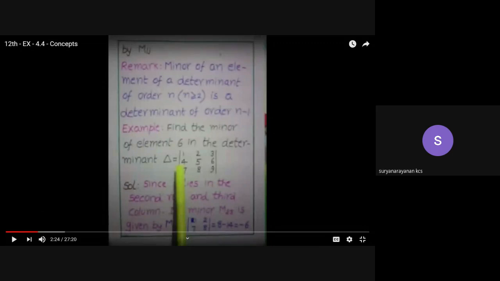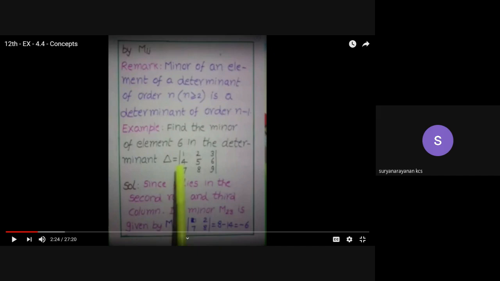Staines Johnson, you kept quiet. This is not a yes or no question. I asked you what is the position of the element 2 in this determinant. Understood the question, my dear Staines Jensen? Yes, first row, second column. Very good.